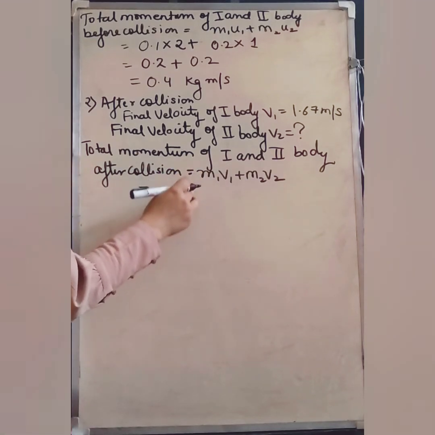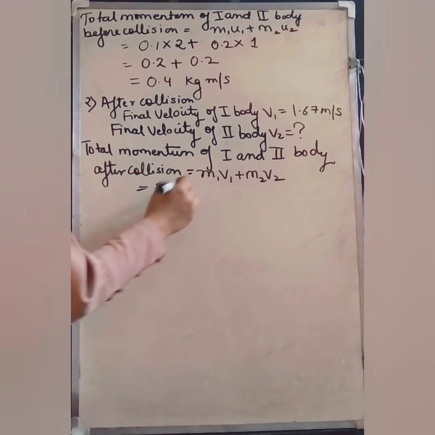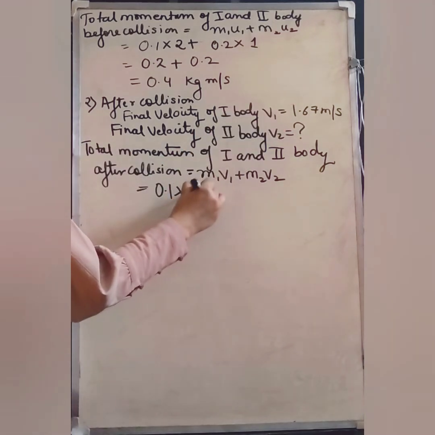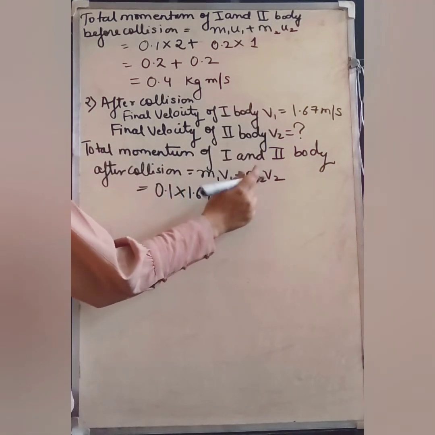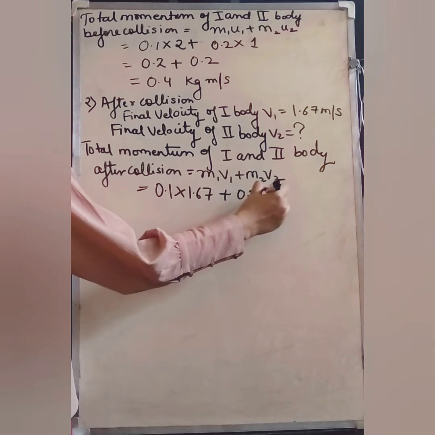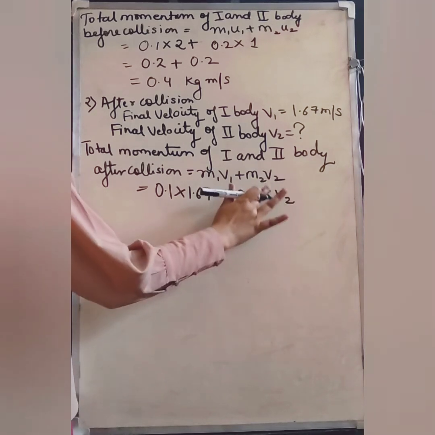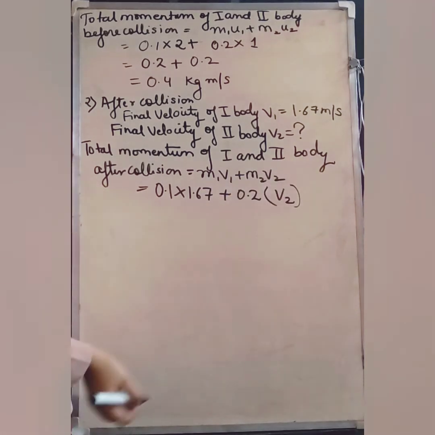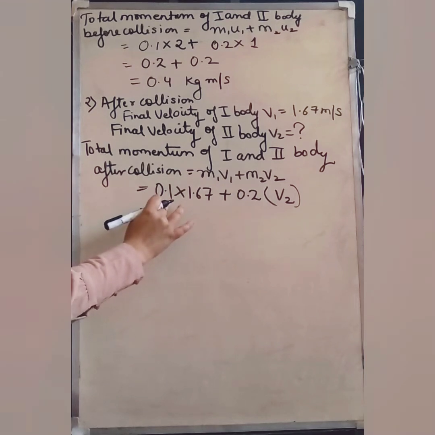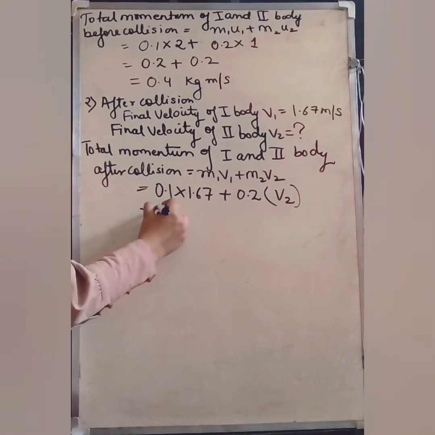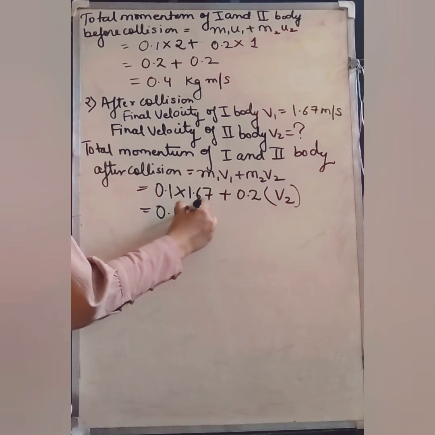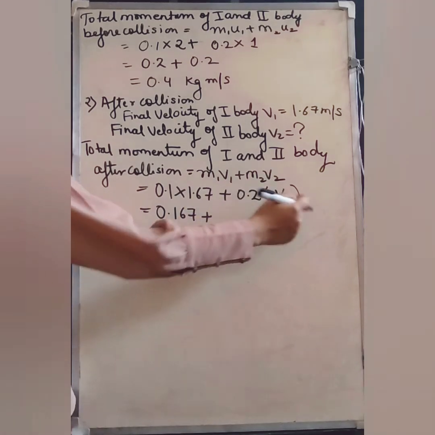Now what is m1? m1 is 0.1 kg, v1 is given 1.67, the mass of the second body is 0.2 kg, and we have to calculate v2, so we can simply put it in a bracket. Now 0.1 multiplied by 1.67 will be 0.167 plus 0.2.